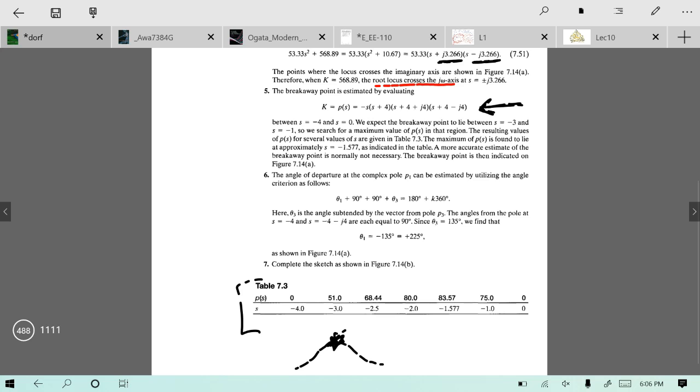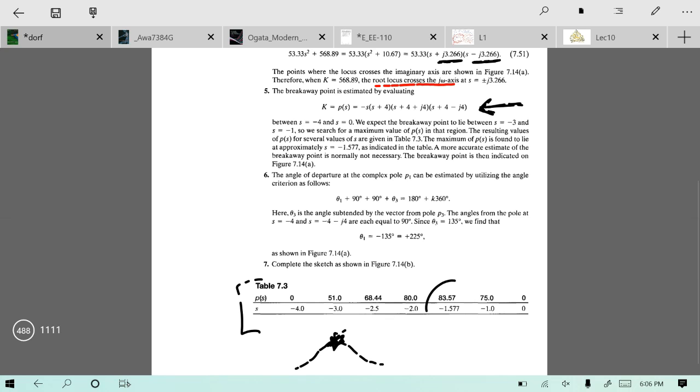So this will be the point where the poles will break away. At minus 3 your p of s is 51, at minus 2.5 it is 68, at minus 2 it is 80, at minus 1.577 it is 83, and at minus 1 it is 75. So it is now decreasing. It is increasing until minus 1.577, and after that the value starts decreasing.